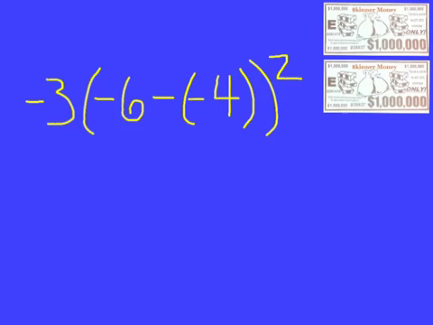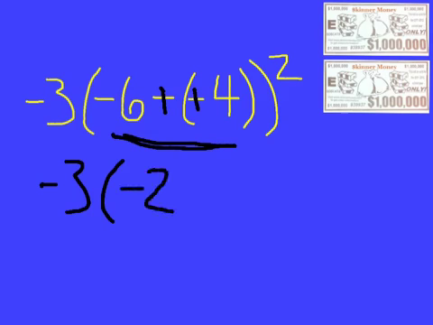Practice problem number 3. We want to do the inside first. So we have negative 3 on the outside. Negative 6 minus negative 4. We can change that to plus positive. Negative 6 plus 4 will give us negative 2. The negative 2 is on the inside of the parentheses, so we're going to square negative 2. Negative 2 times negative 2 will give us positive 4.